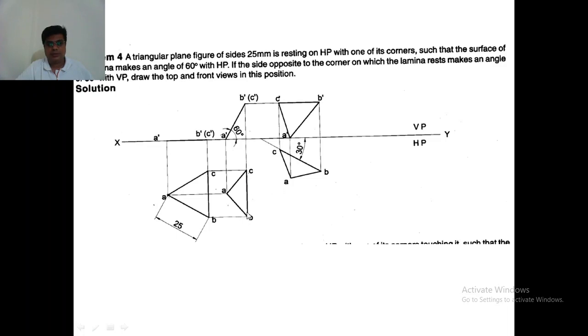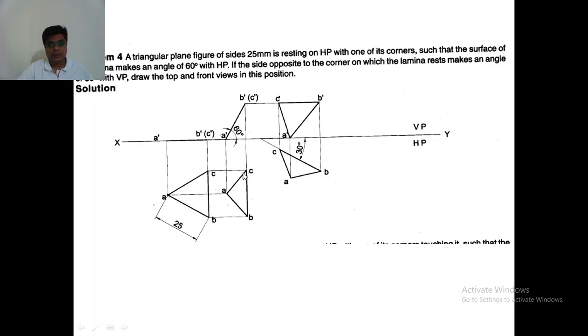So this edge is making an angle of 30 degree to VP. That means this line BC is now straight vertical, perpendicular to VP. So this line you should make 30 degree to VP.